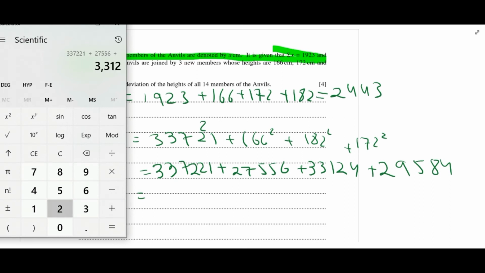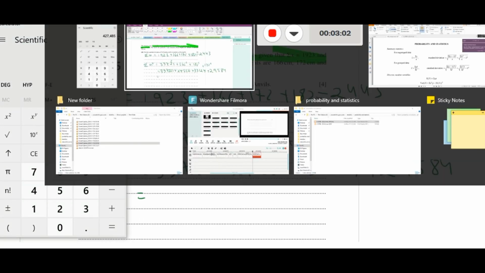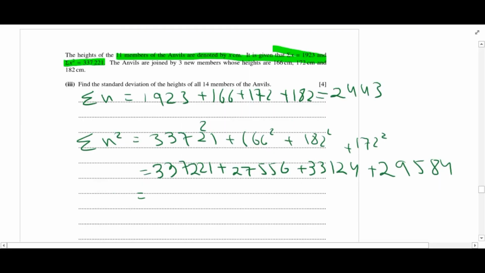This is 337,221 plus 27556 plus 33124 plus 29584. That is 427485.